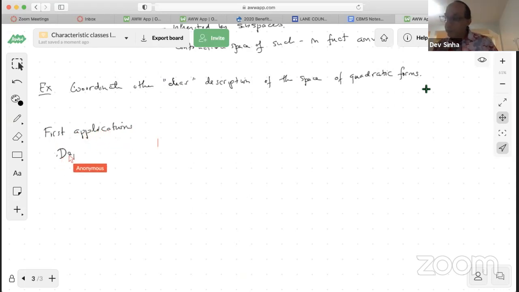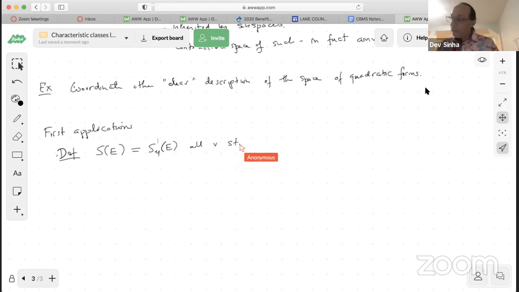One is that we can define the sphere bundle, SE, where I'm choosing a metric, but we're going to drop it from the notation in general, consisting of all V so that they're of unit length in every fiber.